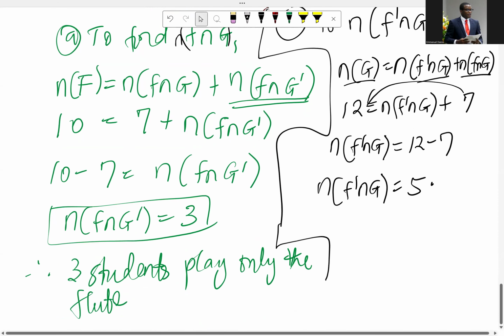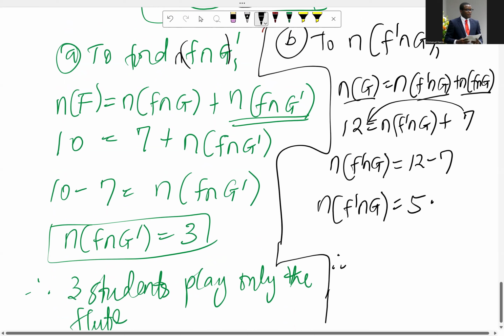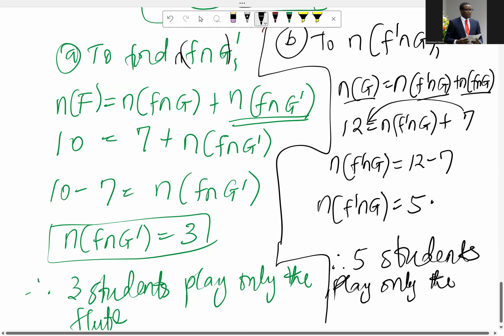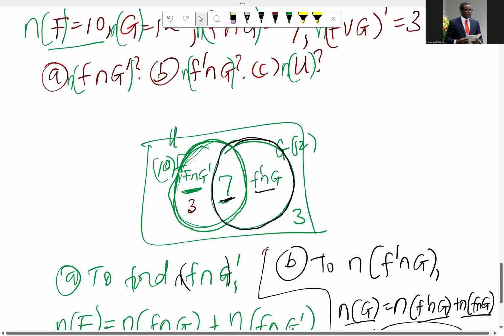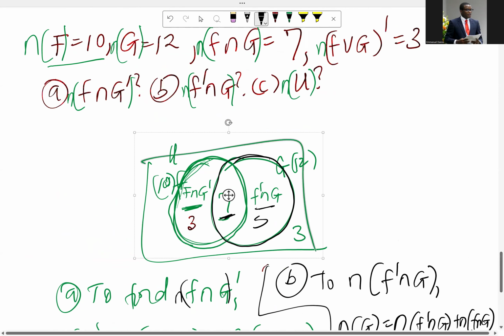So you can conclude and say, therefore, 5 students play only the guitar. So this region now is actually 5.